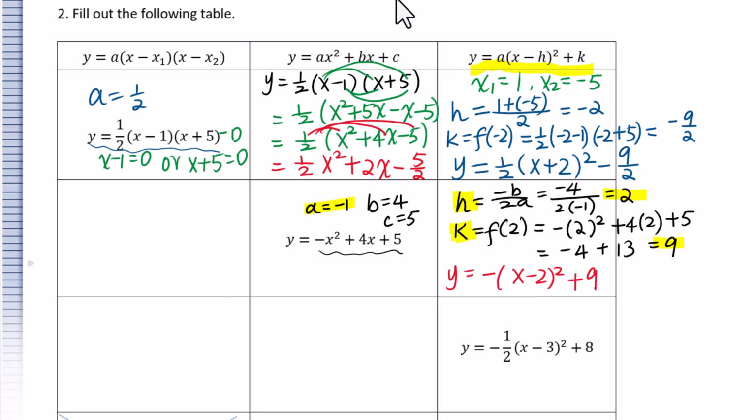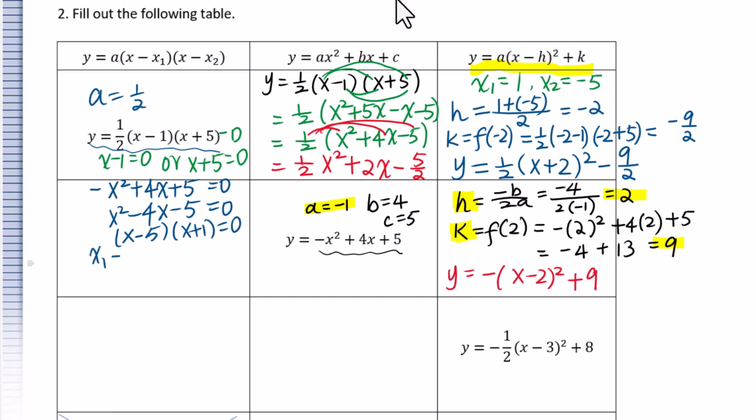For the factored form, we will work out the roots. Set up negative x squared plus 4x plus 5 equals 0. Divide by negative 1 on both sides: x squared minus 4x minus 5 equals 0. Factor: (x minus 5) times (x plus 1) equals 0.